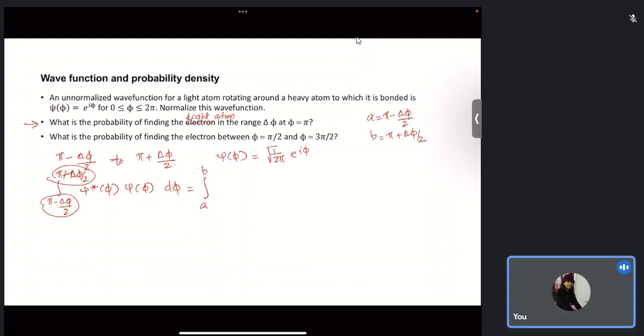The complex conjugate of psi of phi is root 1 by 2 pi e raised to minus i phi, so that's what we write here.